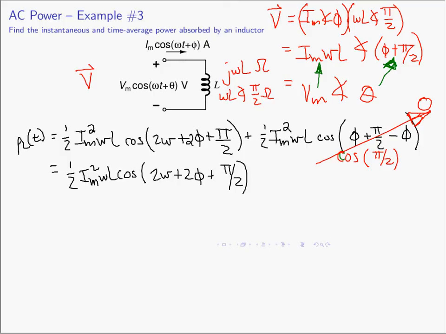So the instantaneous power is simply going to be a cosine operating at twice the frequency that we excite the inductor with.